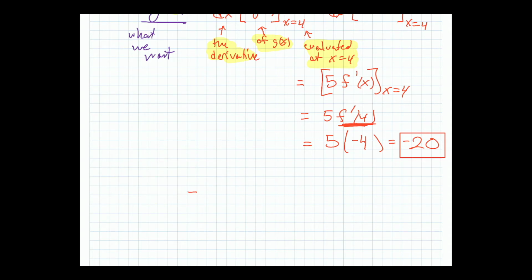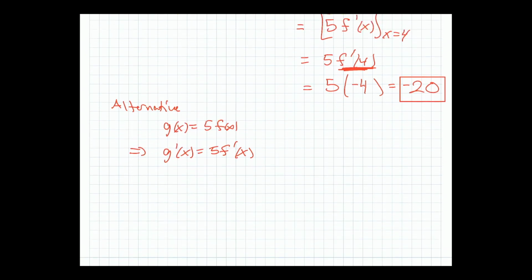All right, here's what they wrote, so this is an alternative way. They wrote g of x is 5f of x. So g prime of x is 5f prime of x. Okay?